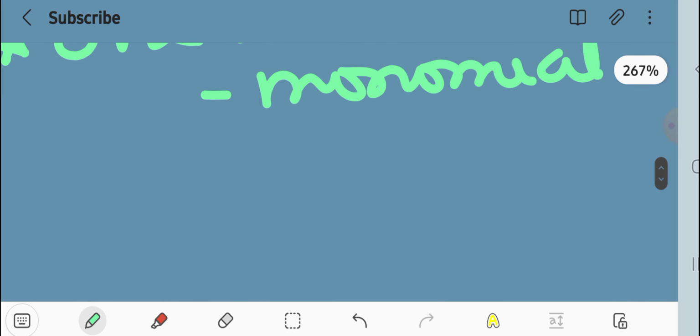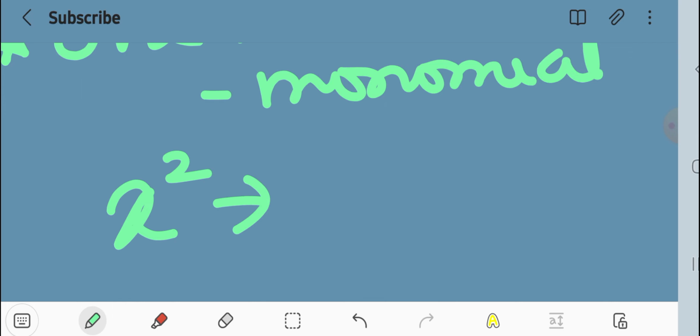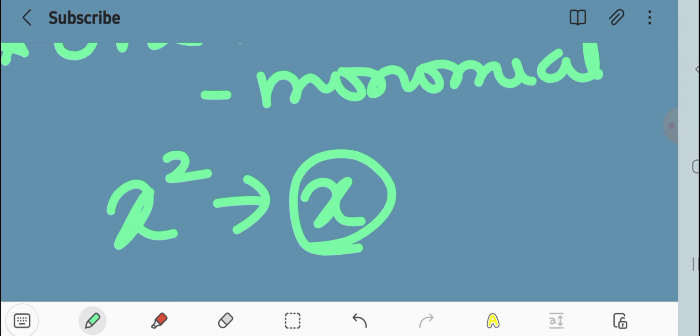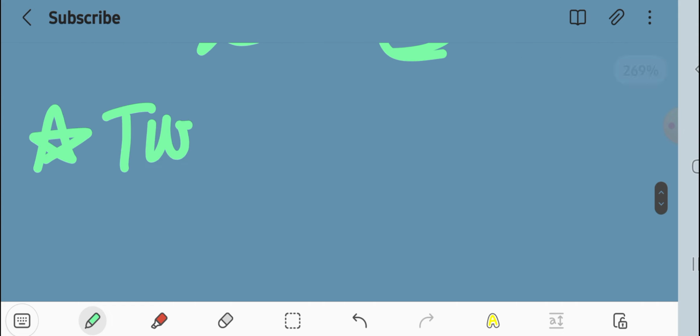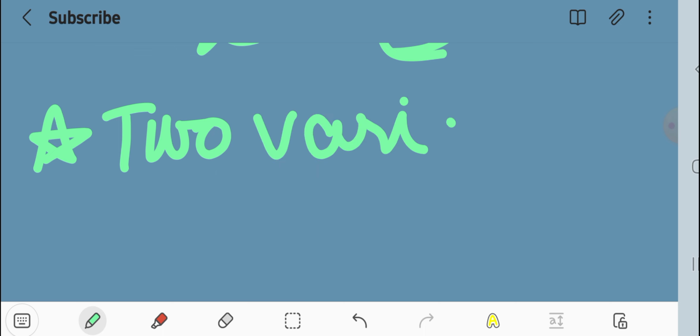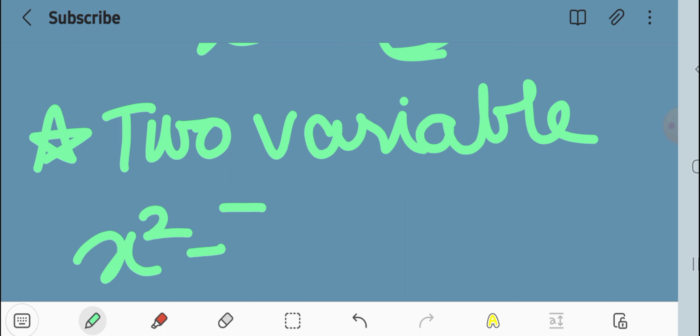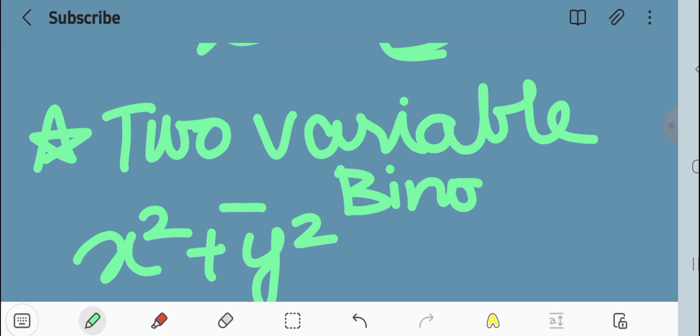You have studied this in your previous classes. Monomial means, for example, x square, which has only one variable, that is x. Then two terms, for example x square plus y square, which is called a binomial.